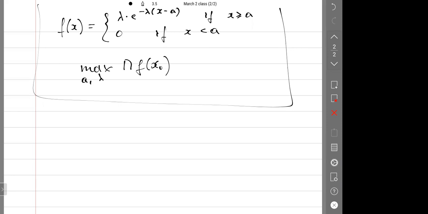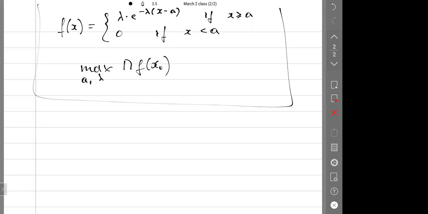What should we do about this problem? I'll take logs. Yes, you are right, we can. So that's a great idea. Why is it a great idea to take logarithm in this situation? To have a sum rather than a product.